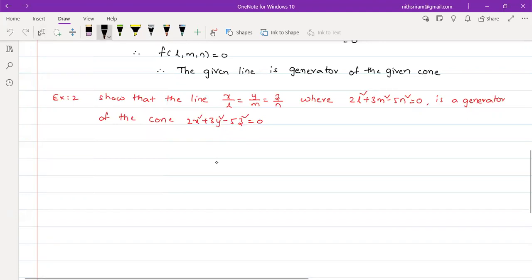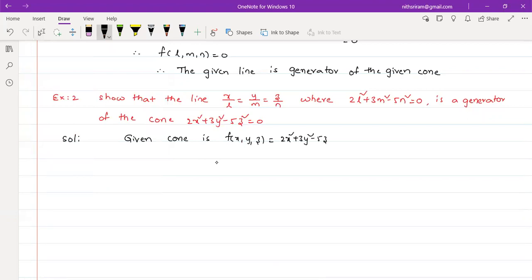Okay. So coming to the solution, first of all we have to write the given cone equation. The given cone is f(x, y, z) = 2x² + 3y² - 5z² = 0.